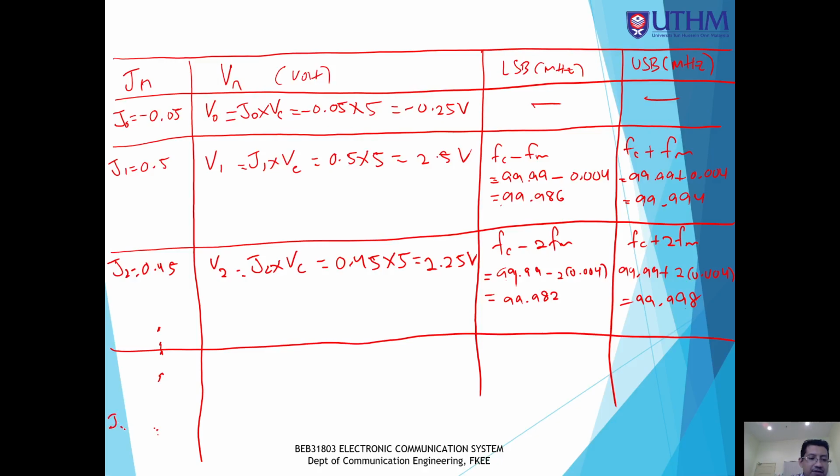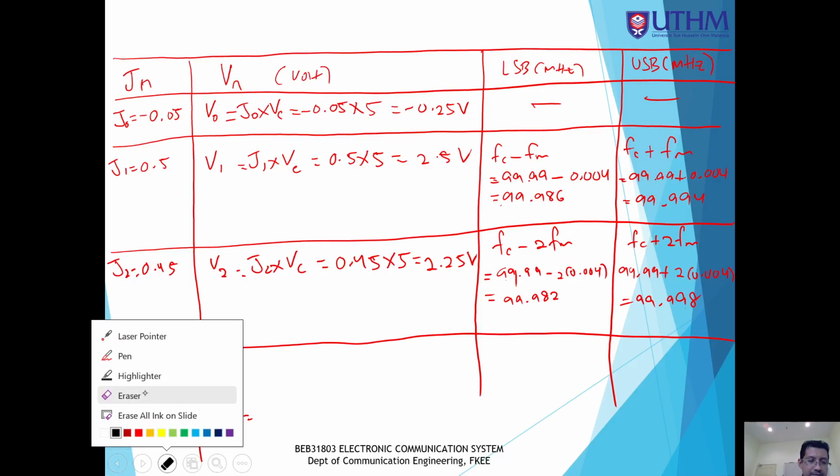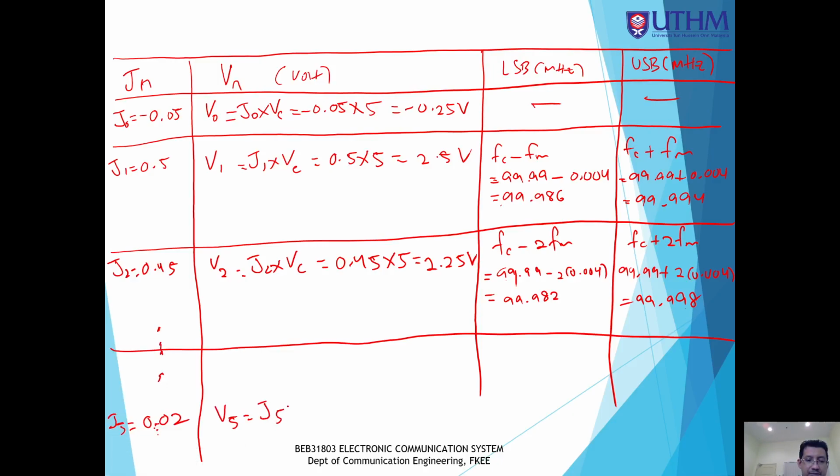J5 is equal to 0.02. Okay, so therefore V5 is J5 multiplied with Vc, which is 0.02 multiplied with 5.